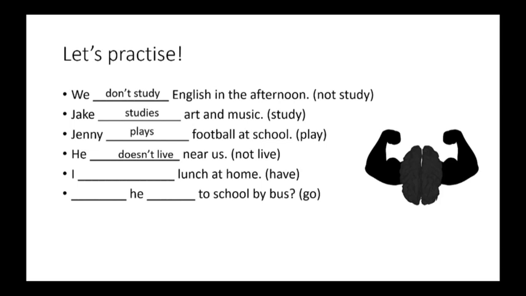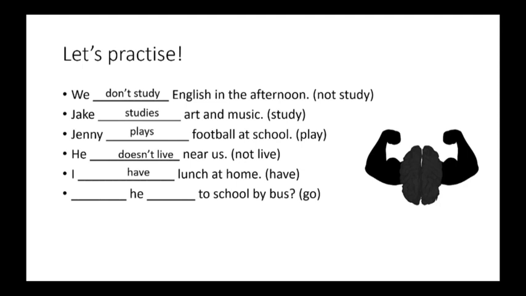The next one is a positive affirmative sentence. I is first person singular, so we just take the base form. I have lunch at home. And the last one is a question, so we need do or does. Let's see who is the subject. The subject is he.